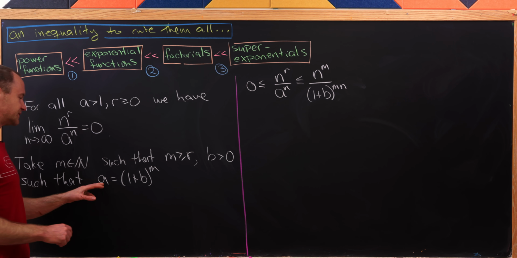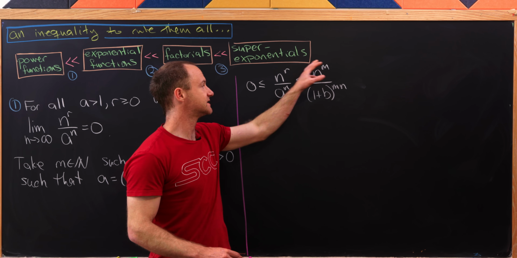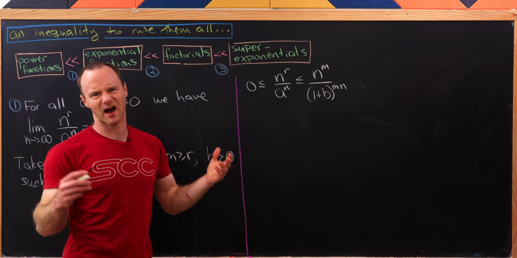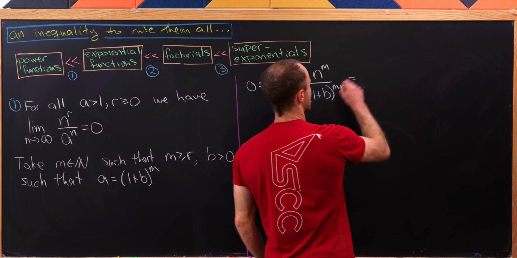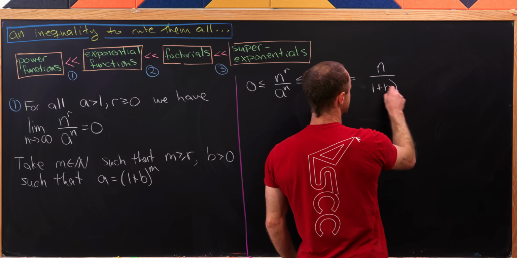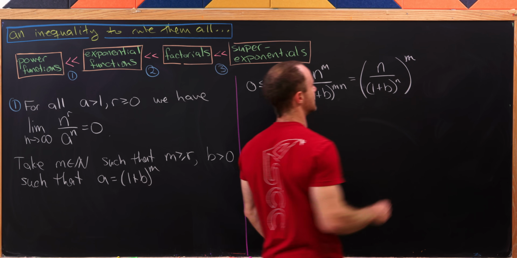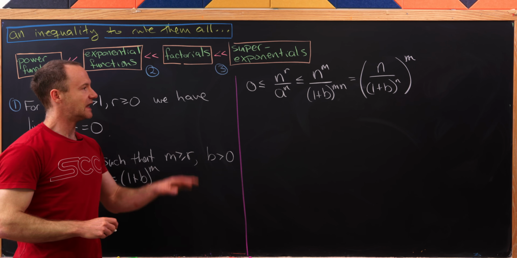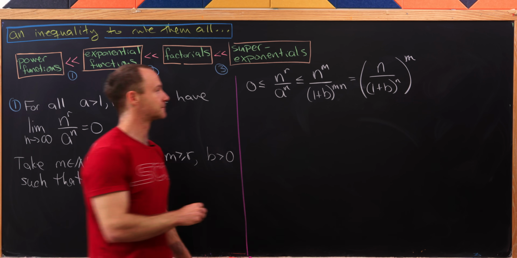But the reason I chose b so that this would happen with this exponent of m is so that I can factor out an exponent of m for this whole term. So let's do that. This is going to be equal to n over 1 plus b to the n power, all raised to the m power. Now I'm going to perform a binomial expansion in the denominator.